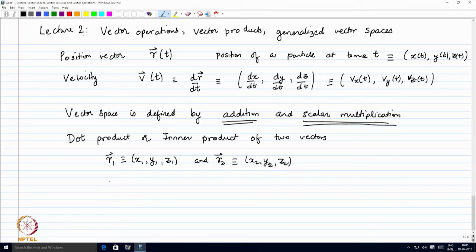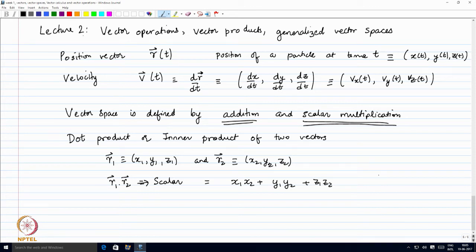Then the dot product r 1 dot r 2 is a scalar, which is equal to x 1 times x 2 plus y 1 times y 2 plus z 1 times z 2. This is the definition of the dot product.